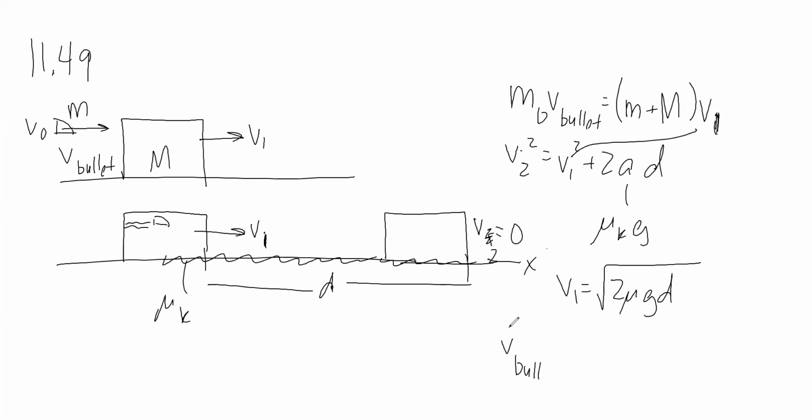I'll write it, I have enough room. m plus big M over little m times the square root of 2 mu g times d. Oftentimes in the parentheses like that, instead of writing m plus big M over little m, we'll just write 1 plus big M over little m.